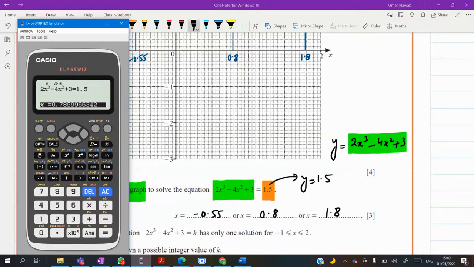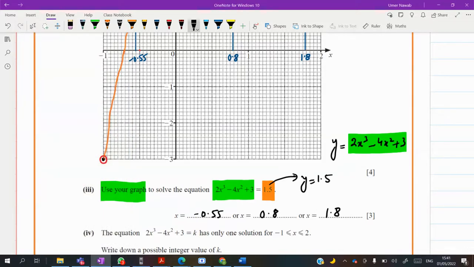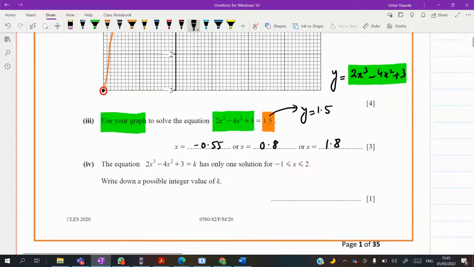So 1.9 is my guess, and I want to see what I get. My answer is 1.75. However, I wrote 1.8. That is again accepted by the examiner. So alhamdulillah, through the calculator we can verify our graphical answers as well.